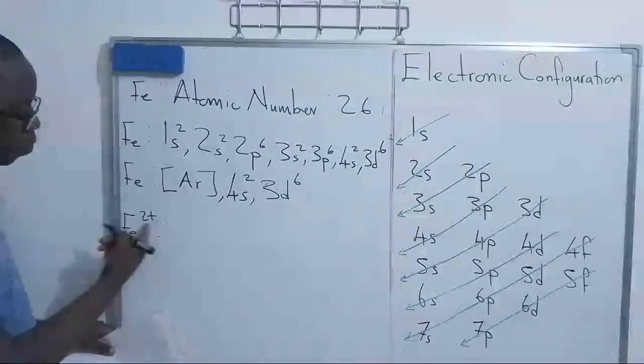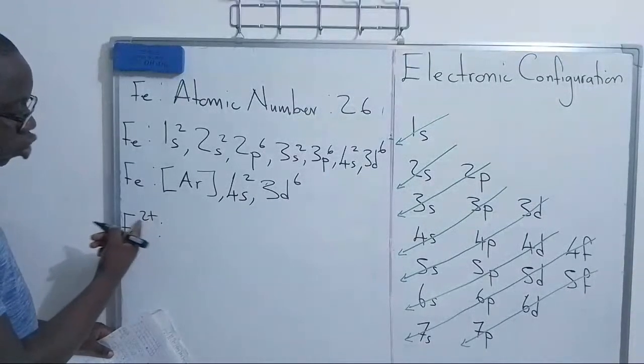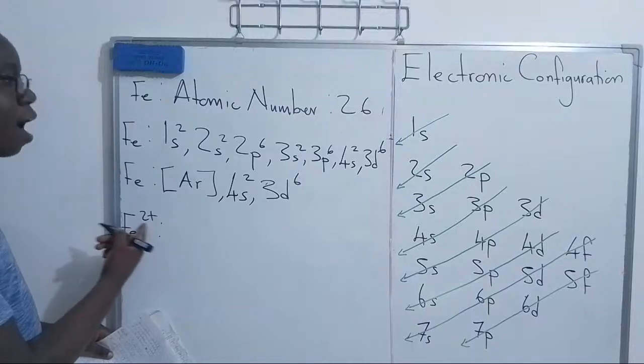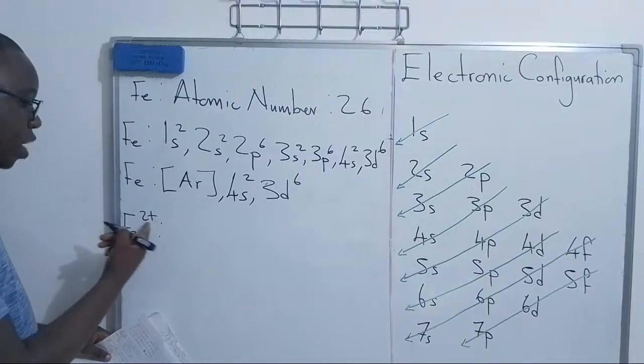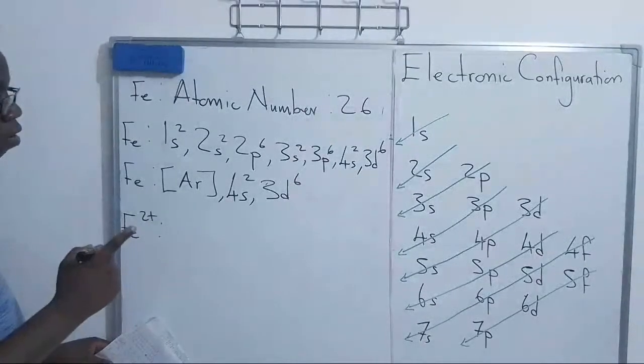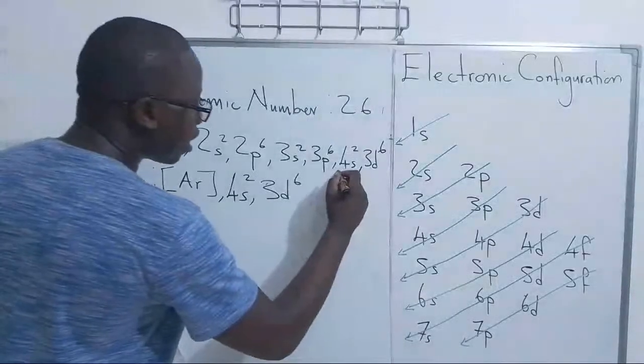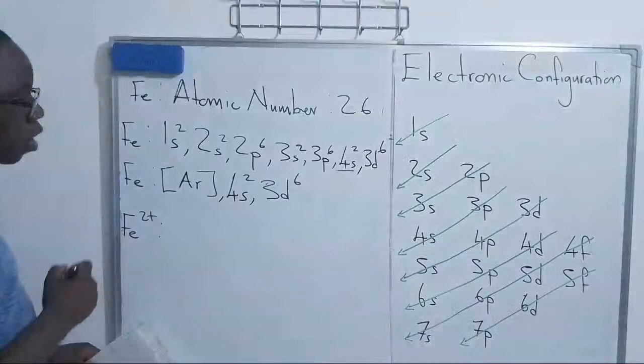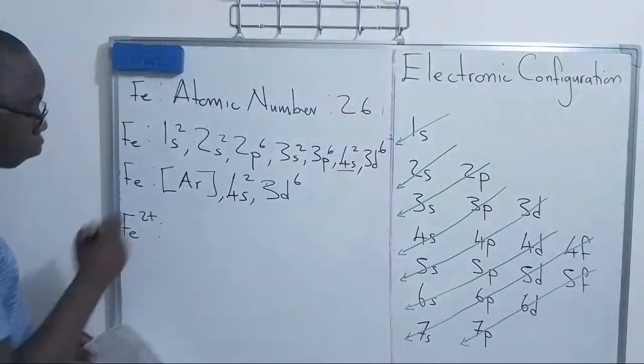Now this one is simply telling you that 2 electrons have been given out by this atom. So which are the 2 electrons that will be given out? The 2 electrons that will be given out are in the highest orbital there, that is the 4s2.